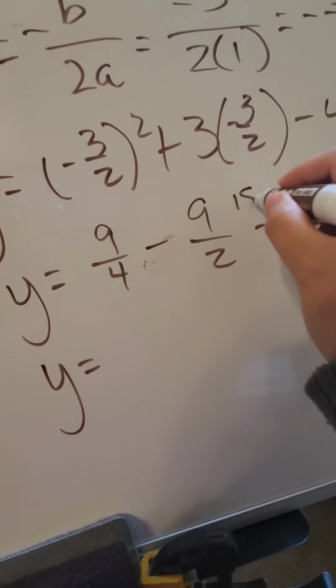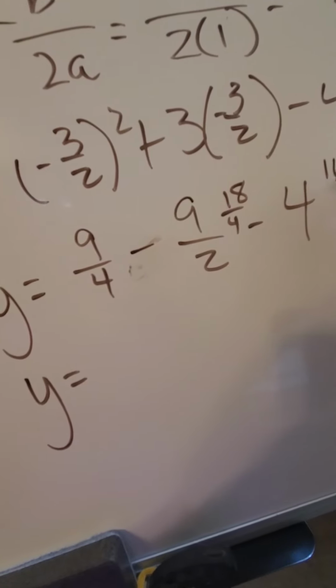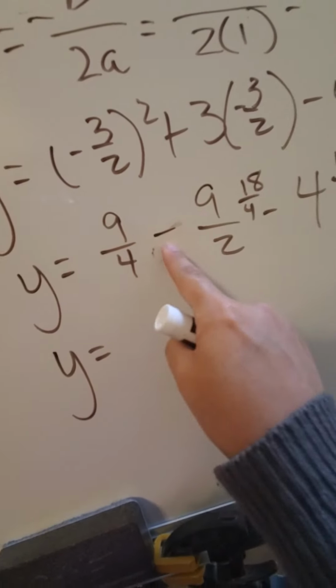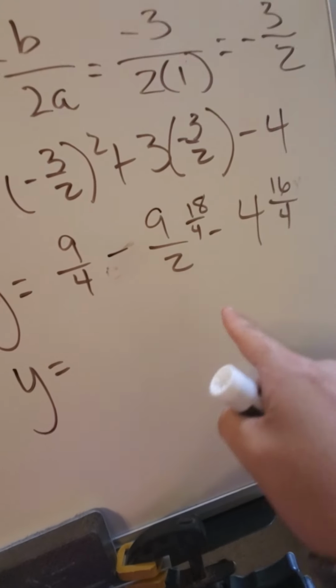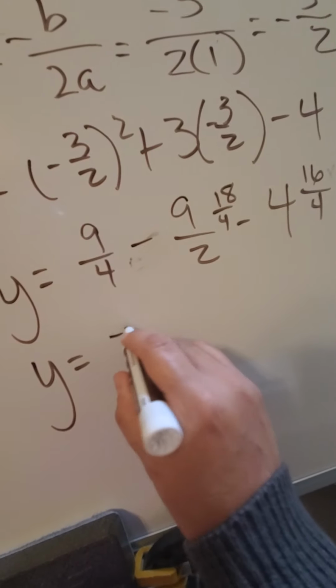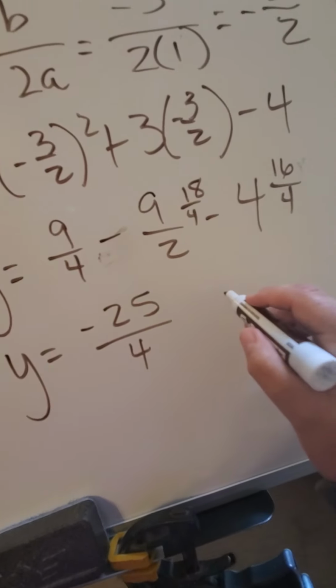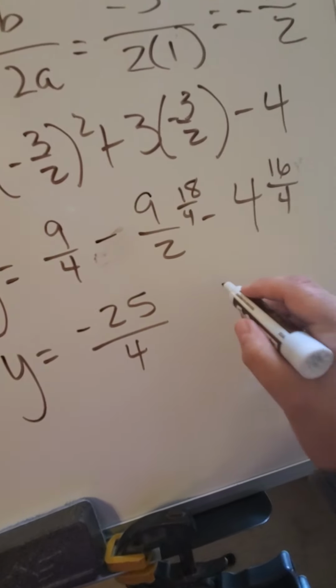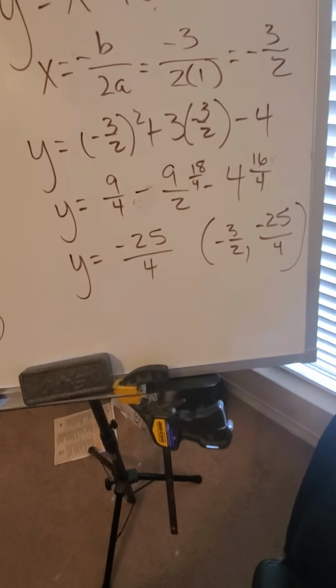That would be 18 over 4, and that would be 16 over 4. So 9 minus 18 is negative 9, minus 16, that'd be negative 25 over 4. So I would have negative 3 halves, negative 25 over 4 as my vertex. See how sometimes it might be a little crazy, but that's okay.